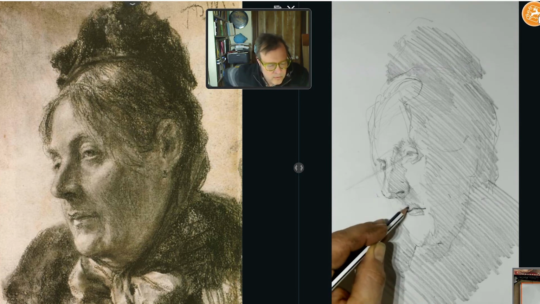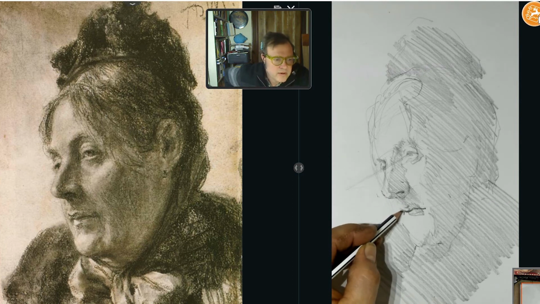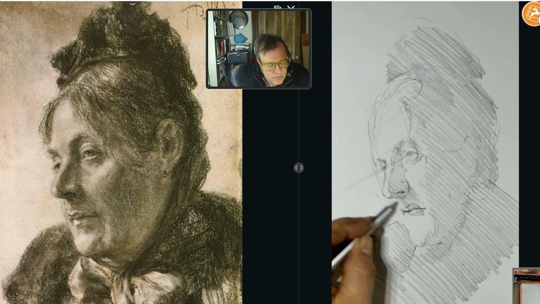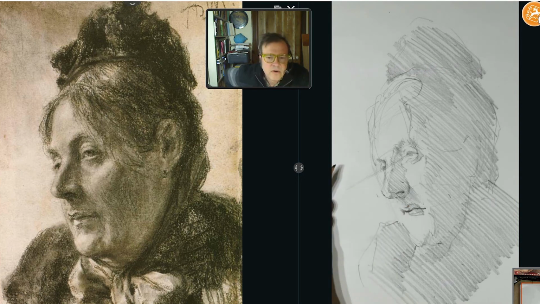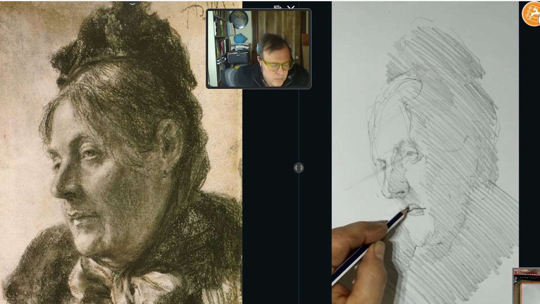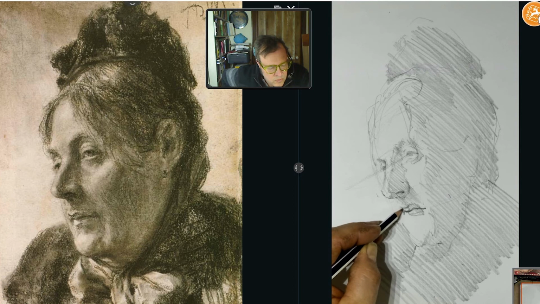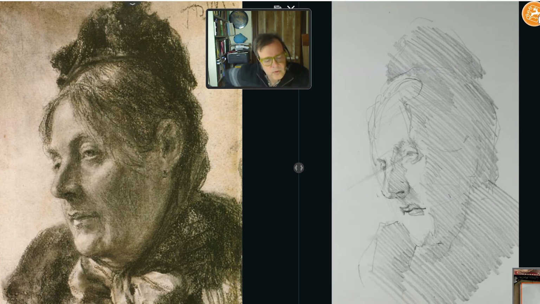This is the really interesting thing to look at, is how beautifully this little core shadow is darkened along the top of the upper lip, and then the way that lip turns the corner and turns into this extremely foreshortened form.